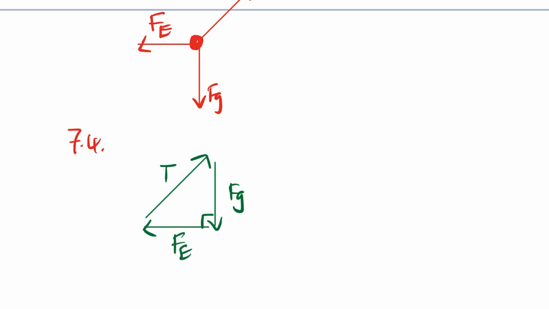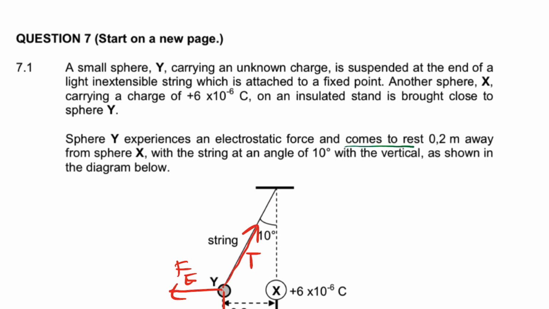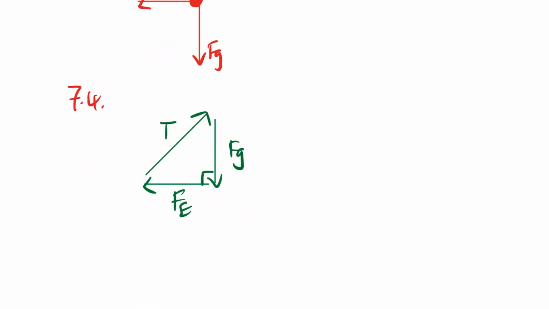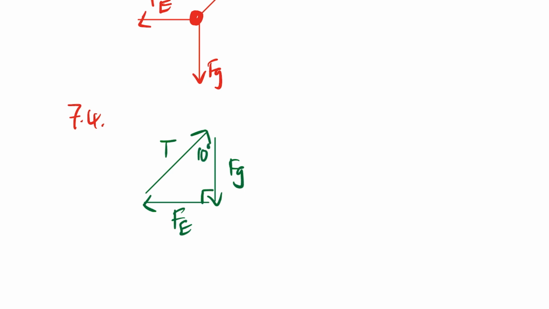This is a closed vector diagram because the sphere comes to rest at 0.2, so sphere Y is at rest there, it's at equilibrium. The angle there is 10 degrees, which means this angle is 80. They want the tension here. Do we have the gravitational force? No. But they require us to calculate the tension, and we only have the electrostatic force.